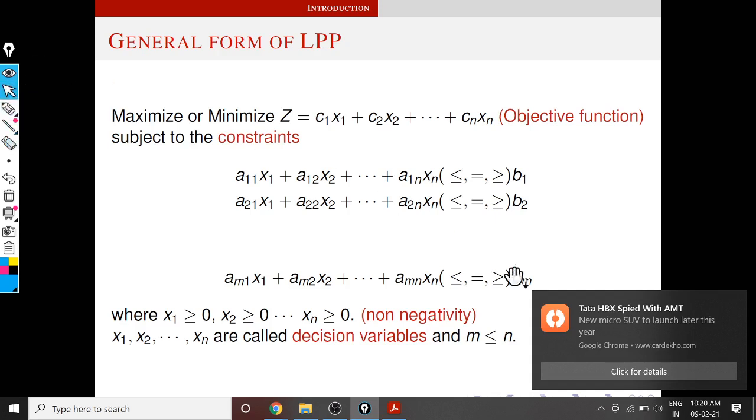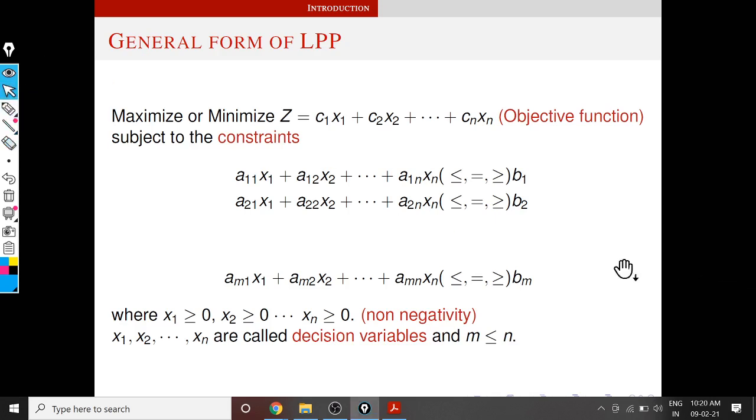Suppose we consider x like this, x1, x2, etc., xn, and our C like this, C1, C2, etc., Cn.